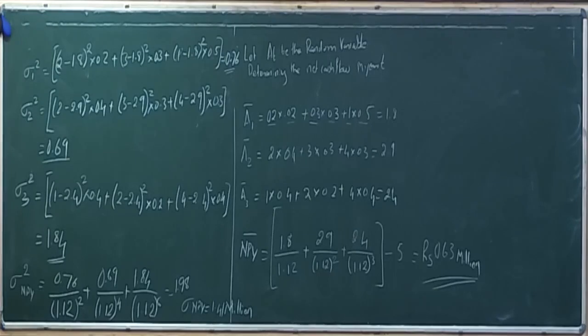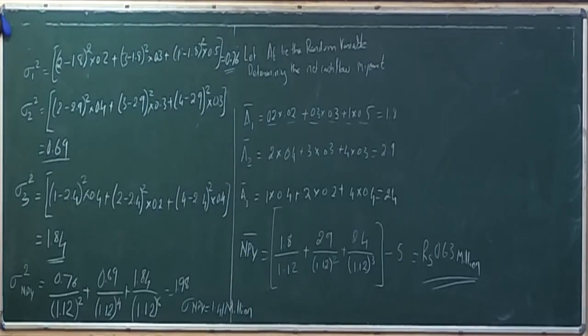If you calculate this, we get 1.8 as the cash flow. A2 bar is 2 into 0.4 plus 3 into 0.3 plus 4 into 0.3, which gives 2.9. A3 bar is equal to 1 into 0.4 plus 2 into 0.2 plus 4 into 0.4. This will give us 2.4.